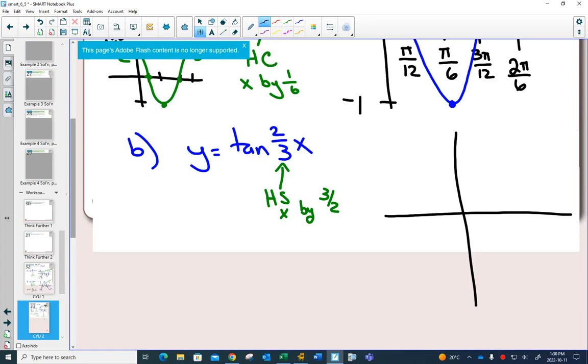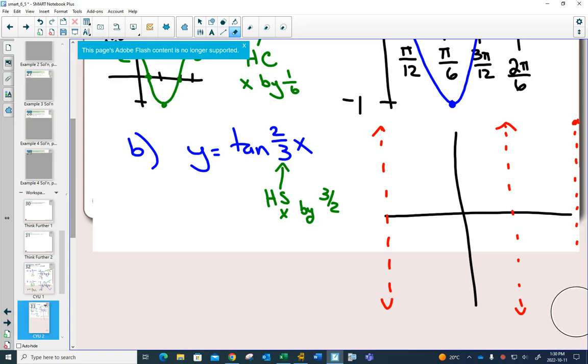It had an asymptote here that was at pi over 2. It had an asymptote here at negative pi over 2. And I mean, it kept on going.